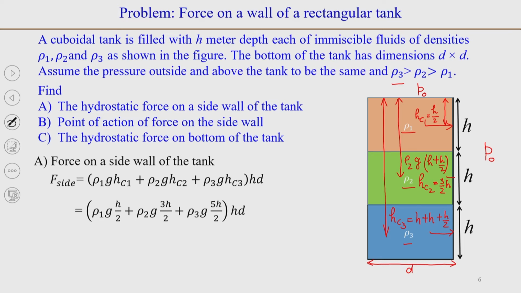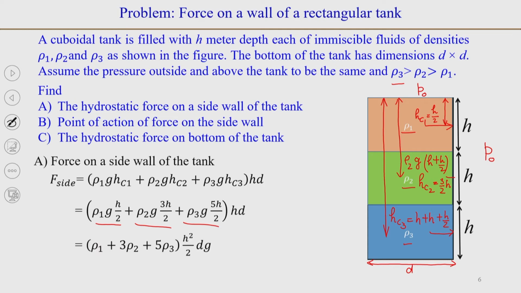And the area for each case will be, because the height or depth of the column is h multiplied by the dimension normal to the screen, h d. So, we can substitute those values here, and we see that for the first column the force will be rho 1 g h by 2 into h d. For the second column, rho 2 g 3 h by 2 into h d. For the third column, rho 3 g 5 h by 2 into h d. And we can take g h by 2 out of the bracket.